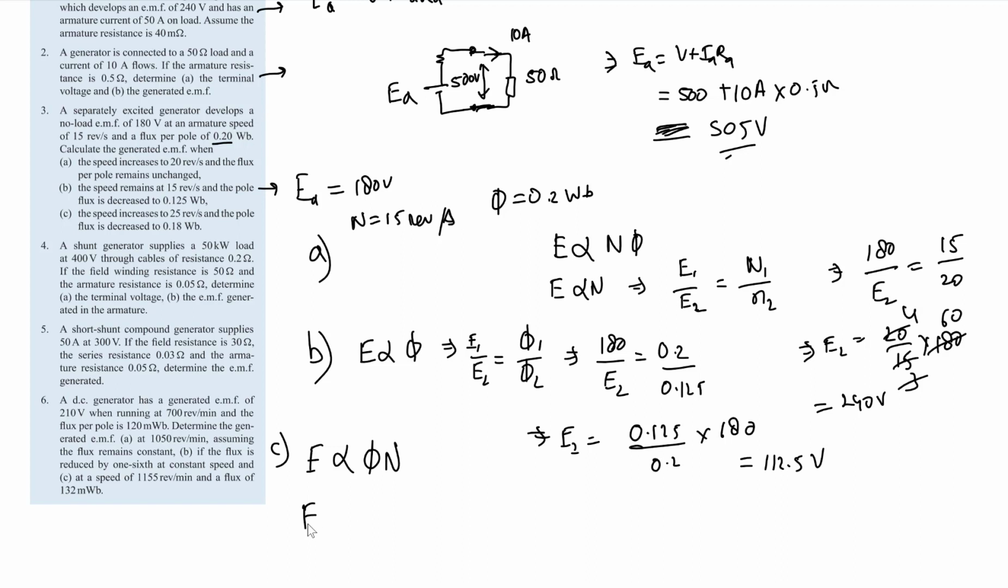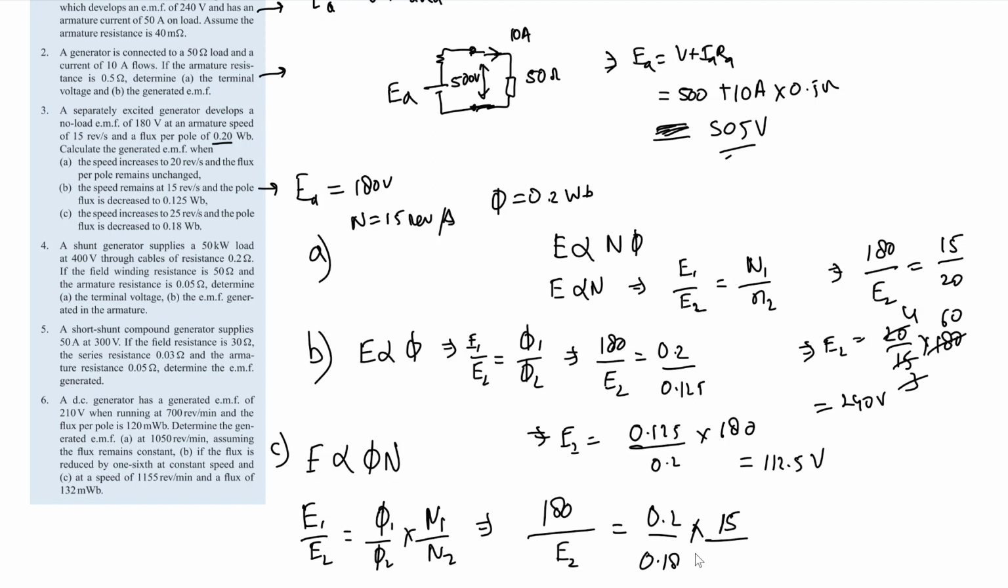So I can write E1 by E2 is equal to phi1 by phi2 into n1 by n2, where E1 is 180, E2 I need to find, phi1 was 0.2, phi2 is 0.18, n1 was 15 revolutions per second, and n2 has increased to 25.